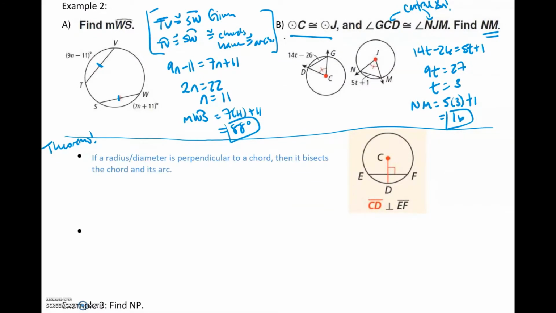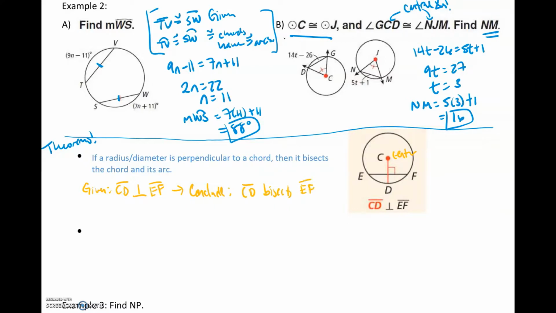So for example, we're given that CD, which is a radius because we can see C is the center, is perpendicular to some chord EF. Then we can conclude two things: that CD bisects the chord EF.